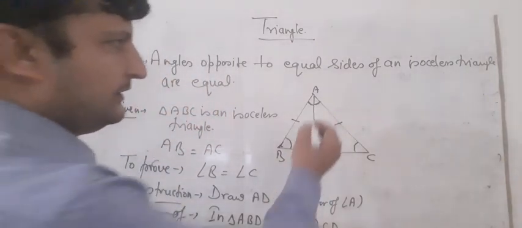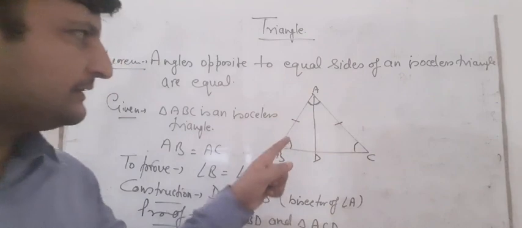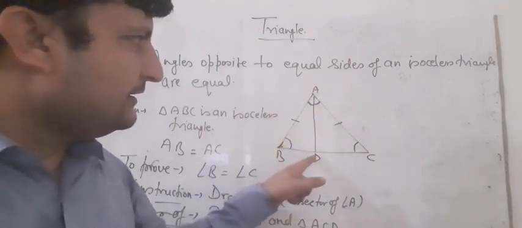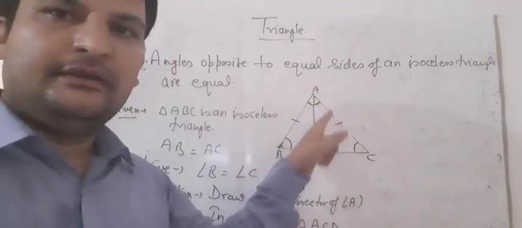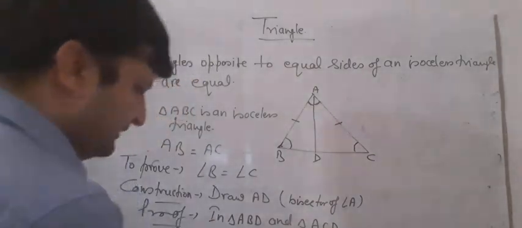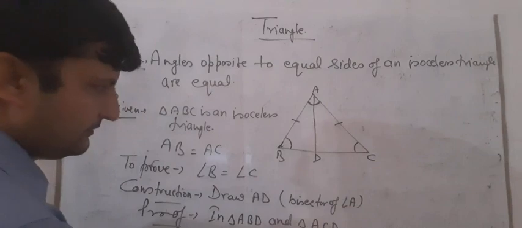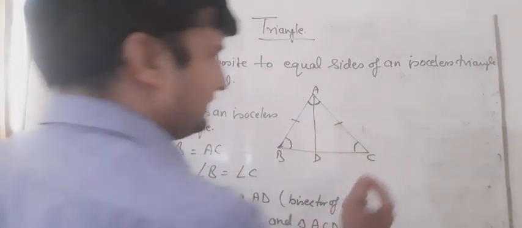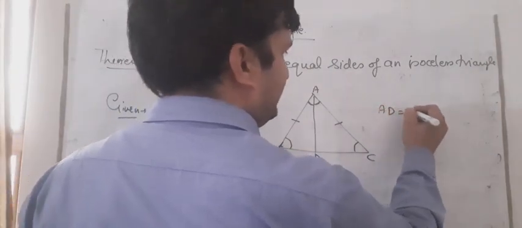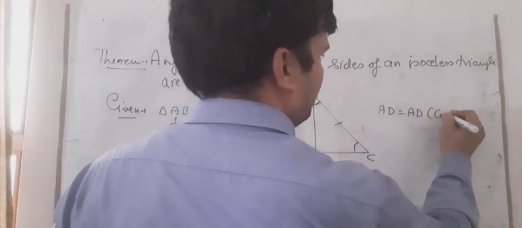And students, in both the triangles, triangle ABD and triangle ACD, AD is common. So we can write AD is equal to AD. It is common.